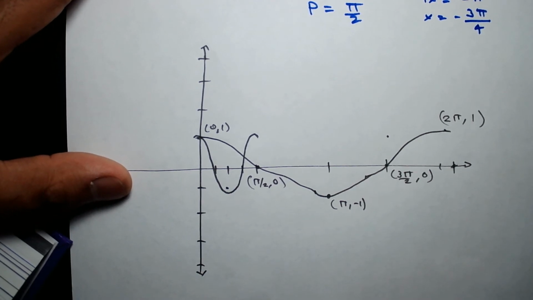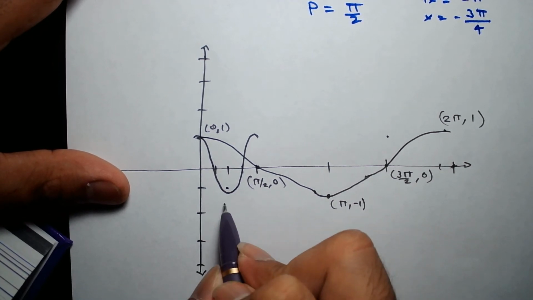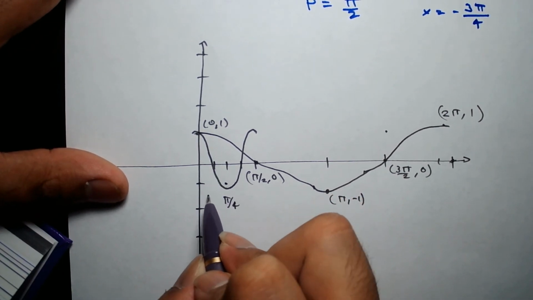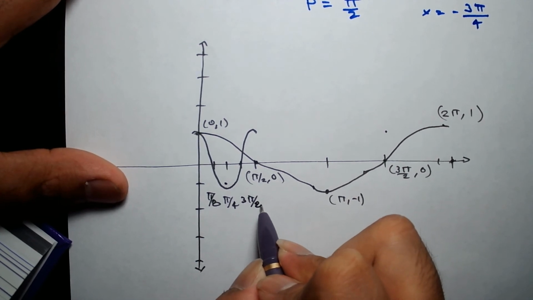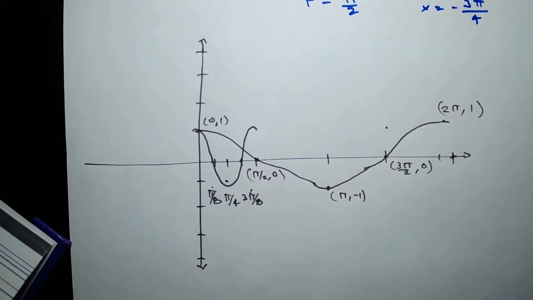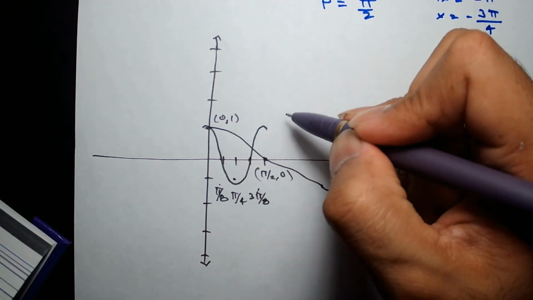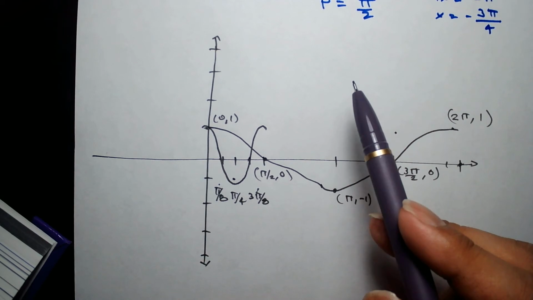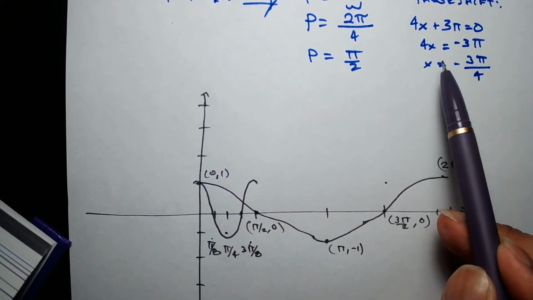And then what's going to happen? Well, it's going to be a little bit hard to interpret. Pi over 2 divided by 2 is pi over 4. And then this is pi over 8. And then this guy is 3 pi over 8. This point right here is this one. This point right here is that one. I'm only doing one period, but of course this is going to go many periods. Then from here, negative 3 pi over 4, that's the phase shift.